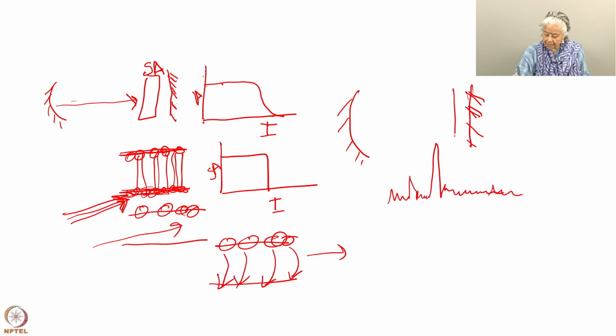And these come and hit the saturable absorber. When these small intensities hit the saturable absorber, it will bleach it. Okay. All these small intensities are not allowed to pass through.